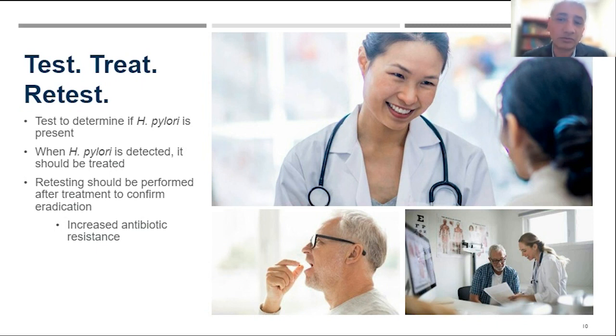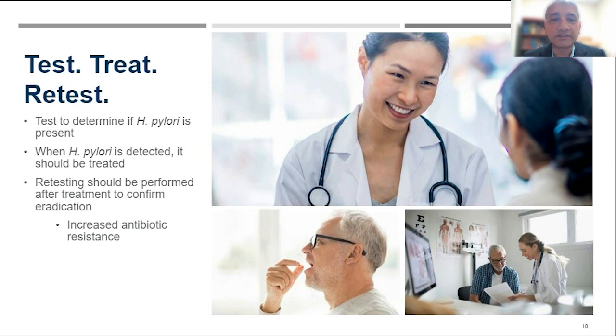And what is the reason for retesting? It owes primarily to increased antibiotic resistance. Several decades ago in the 1980s, when the first H. pylori treatment regimens rolled out, the response rates were in the range of 85%.